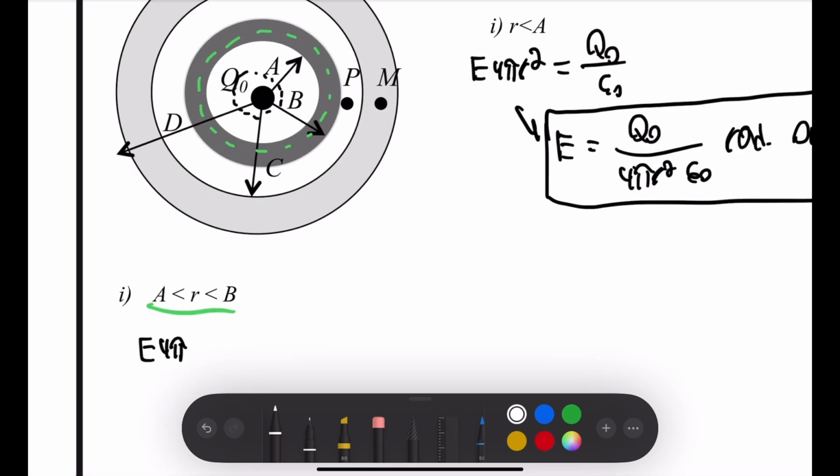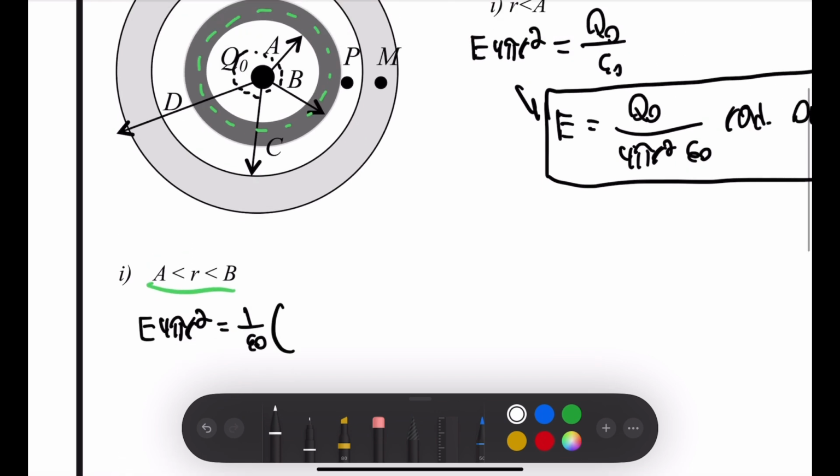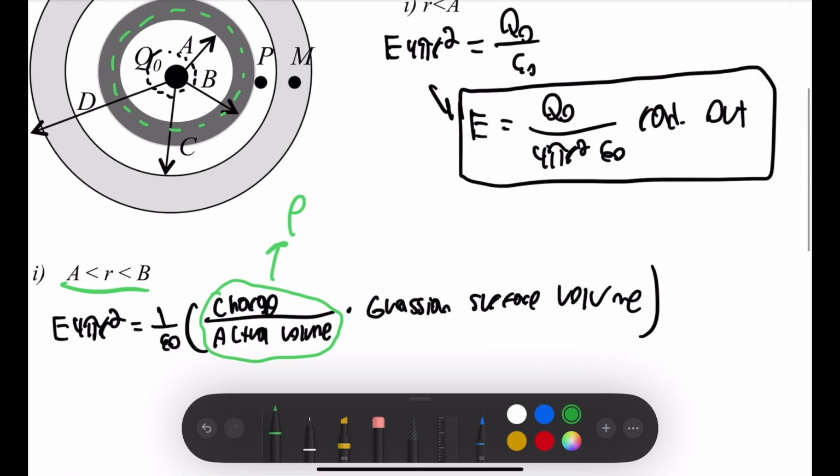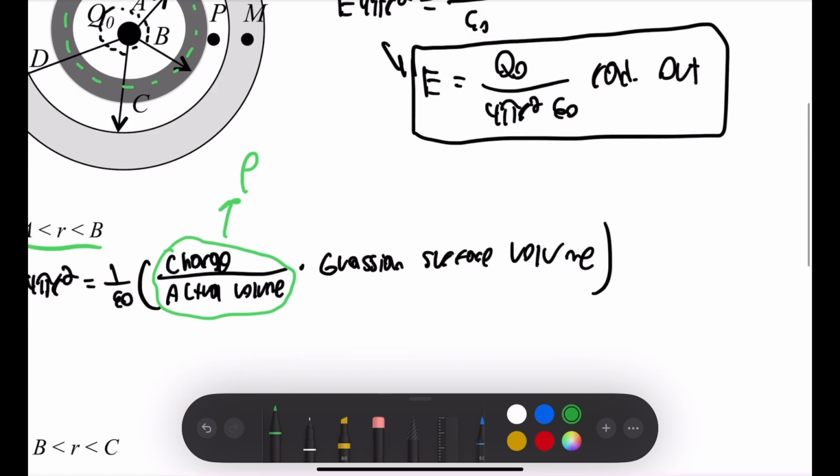E 4 pi r squared is equal to 1 over epsilon naught, and it's typically the charge divided by actual volume times Gaussian surface volume. So charge per unit volume, which is the actual volume here, is given as rho, so we don't need to worry about this. But all we need to do is multiply rho by the volume created by our Gaussian surface.